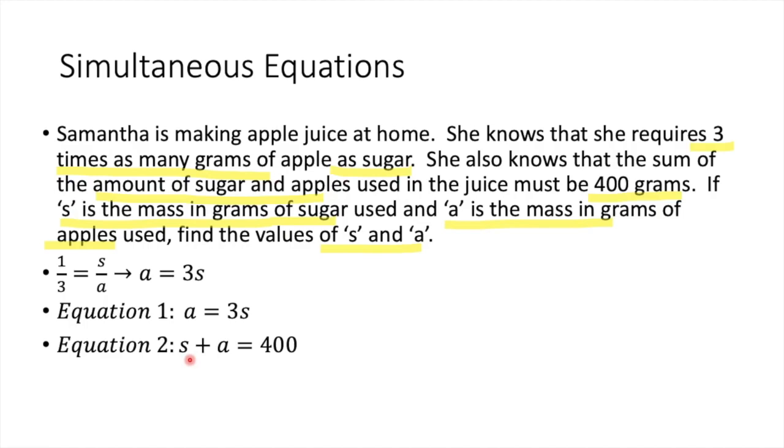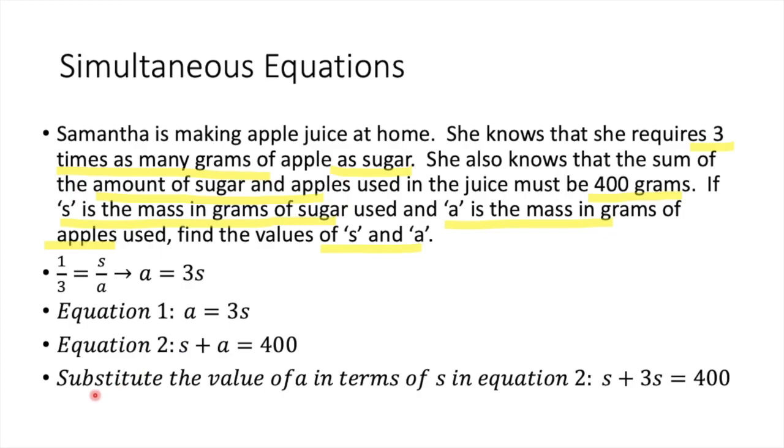Coming back to our question, we need to somehow find a way to solve at least one of these equations, which will then lead to the solution for the second one. In equation 1, we see that A is given as 3 times S. Since we know that A is equal to 3 times S, we can substitute the value of A in terms of S in equation 2.